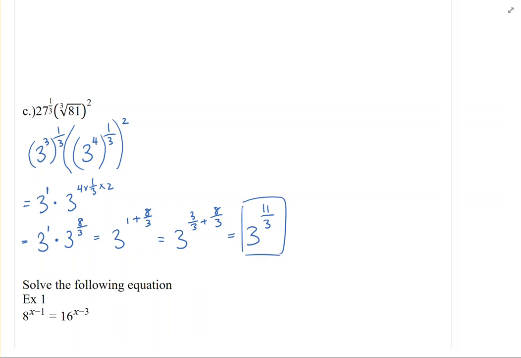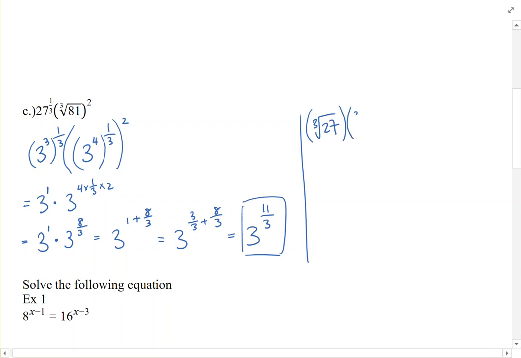Well, another way you may have looked at this was, remember when you have something to the power of 1 over, that basically just means you have a root, right? So you could think of this as cube root of 27 times cube root of 81 to the power of 2.